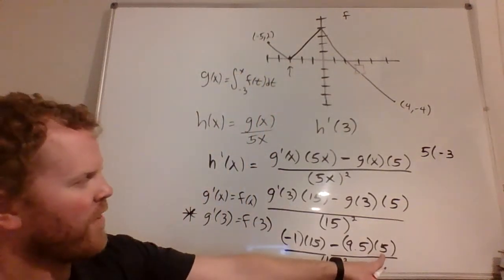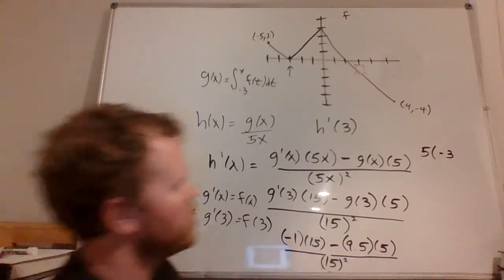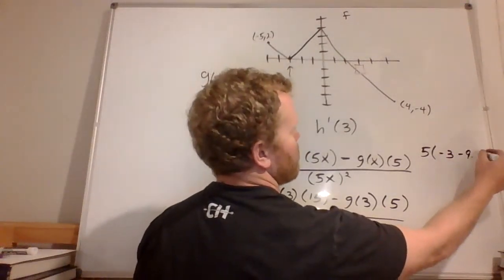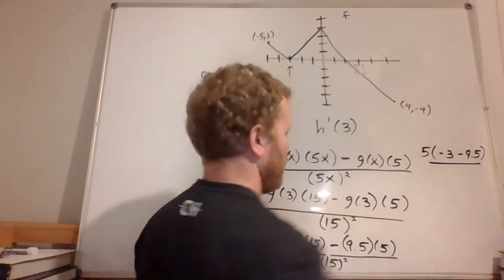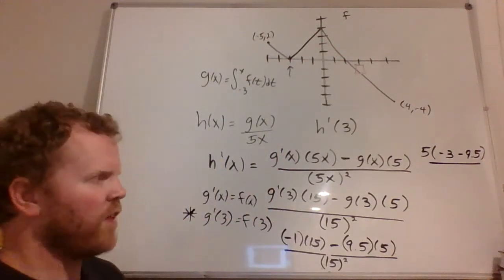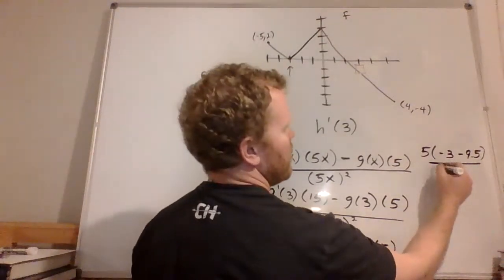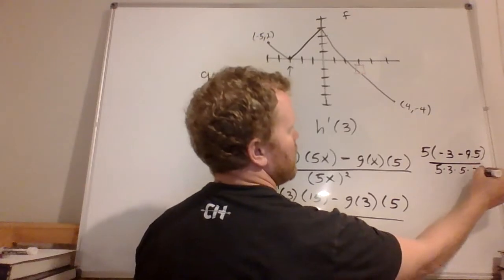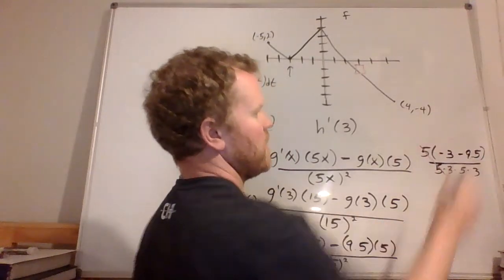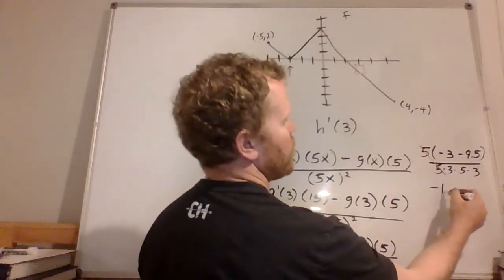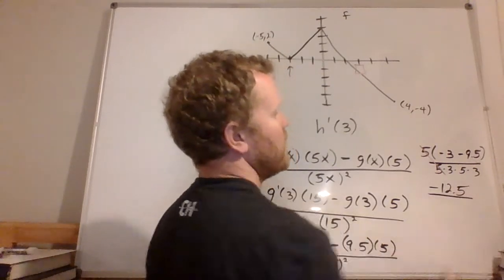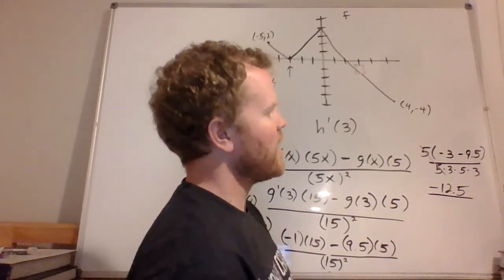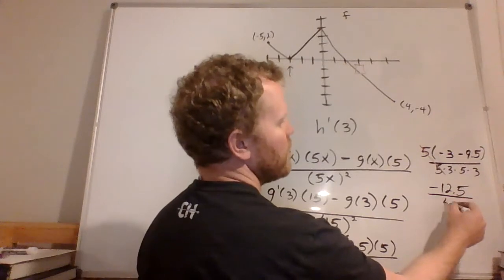If you factor away a 5 from here, you should just be leaving behind the 9. And then if you think of 15 squared as 5 times 3 times 5 times 3, I would lose these 5s, and then we should get negative 1 times 5 divided by 9 times 5, which is 45.